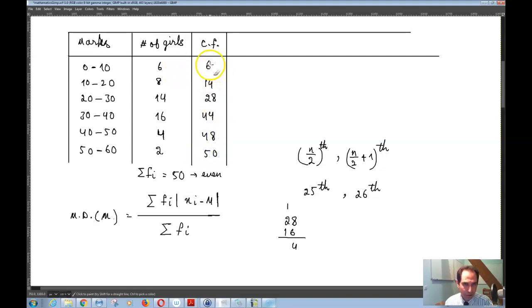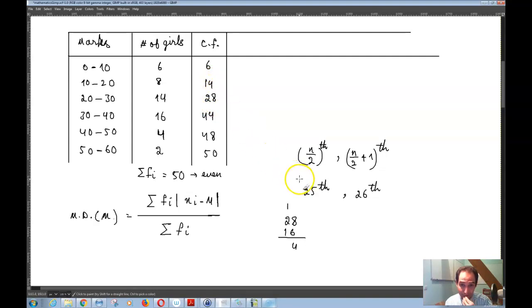So this class goes all the way up to the 6th observation, the 14th observation, the 28th observation, and the 44th observation.